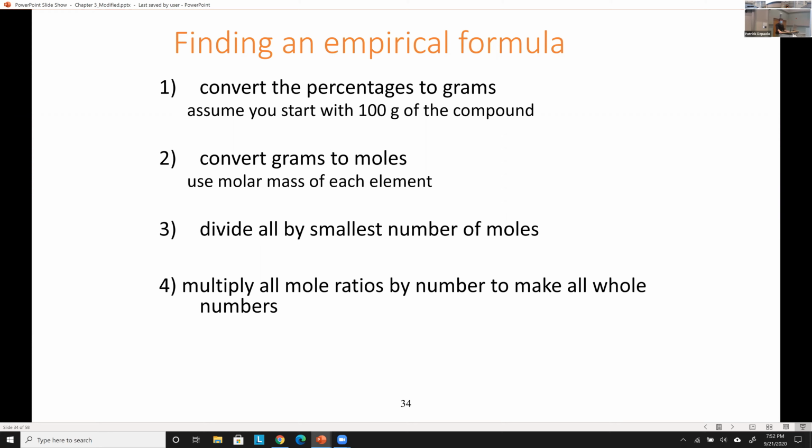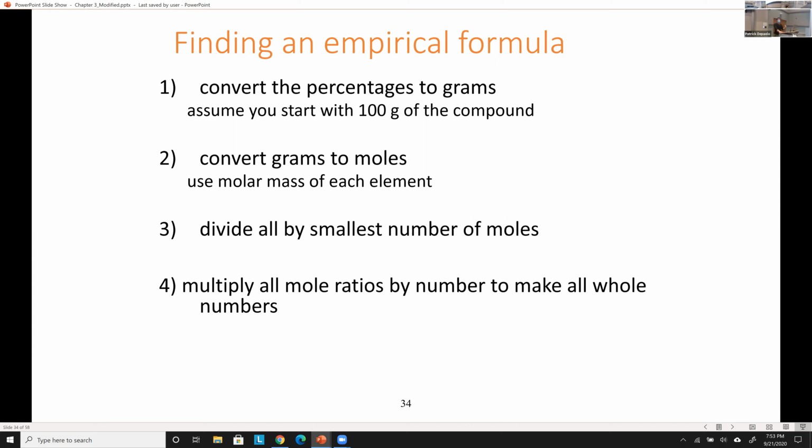Then the third step is, at this point, you're going to have 2 or 3 or 4 mole quantities in that 100-gram sample of each of the elements in the compound you're looking for the empirical formula for. So your job is to then divide by the least amount of moles, basically reducing this number.